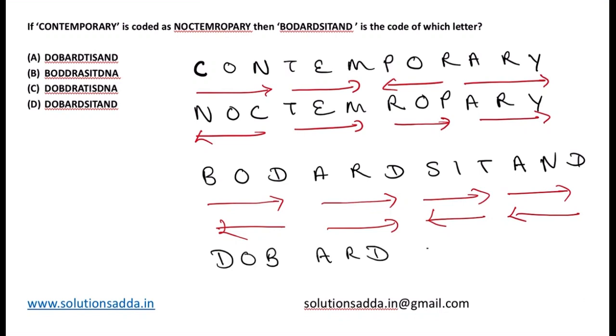Again reversing the next three letters and the following three letters, keeping them as same. So the final answer that comes for this question is option A, that is DOB, ARD, TIS and AND.